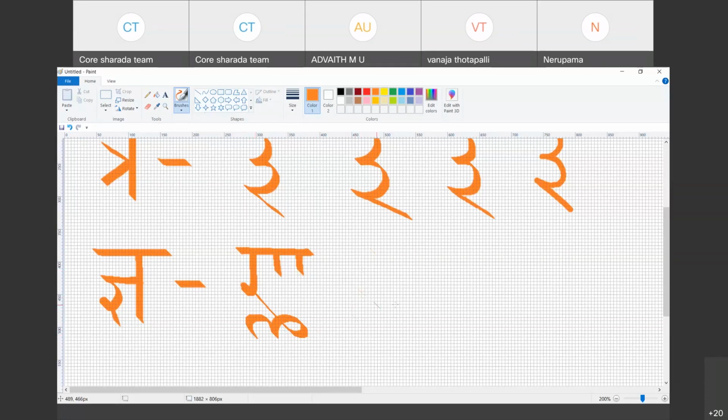So if you remember, this is how we draw N in Sharda, correct? This is the same N that we have joined here. After this extension of the line of J, this is the same N that we have joined here. The curve at the beginning of N that we draw won't be drawn here.